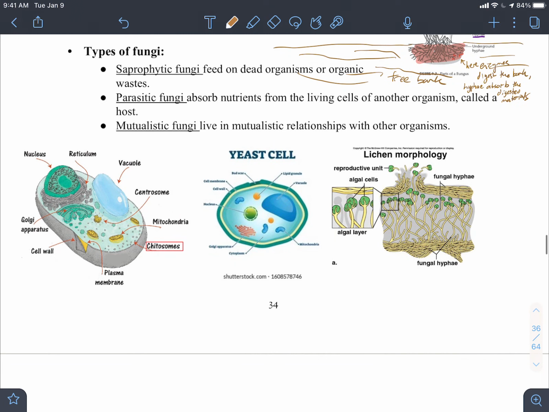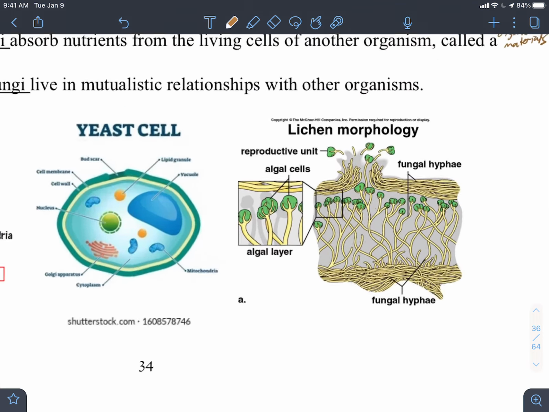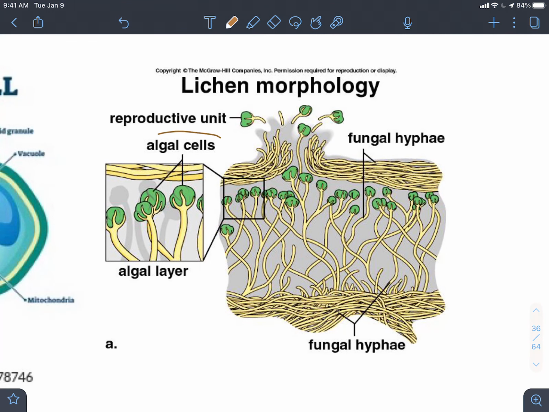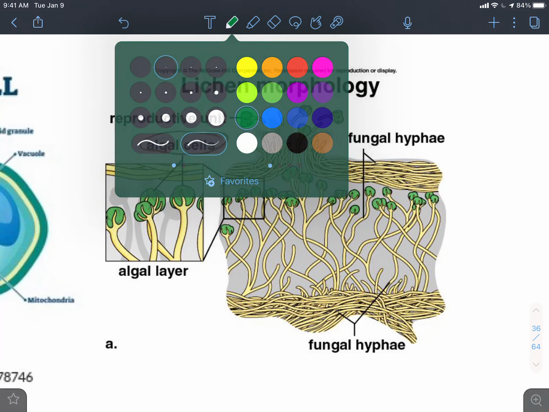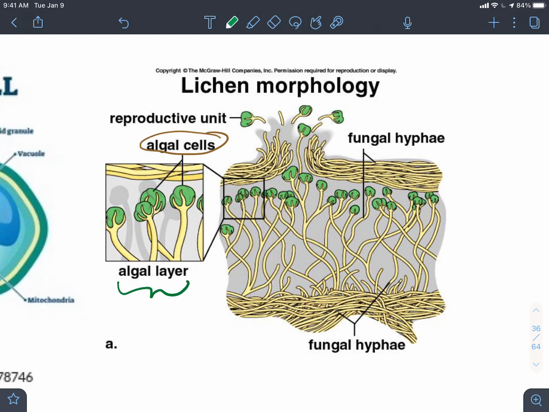So lichen is an example of a very mutualistic organism. Here you can see the fungi drawn out with the lichen here in yellow, but the lichen has algal cells. So algae here, those are not funguses, right? These are chromista organisms.